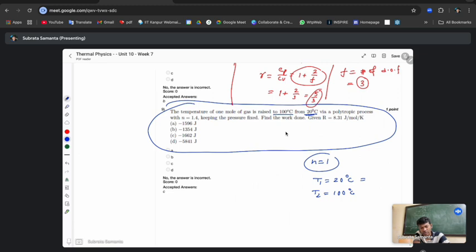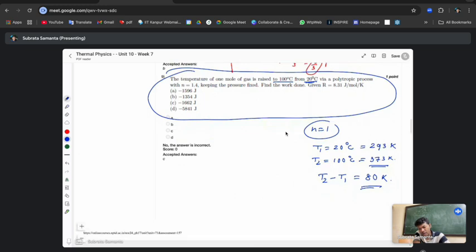So converted to Kelvin, 293 Kelvin, 373 Kelvin, right? So what is the difference between T2 minus T1? 80 Kelvin, right?